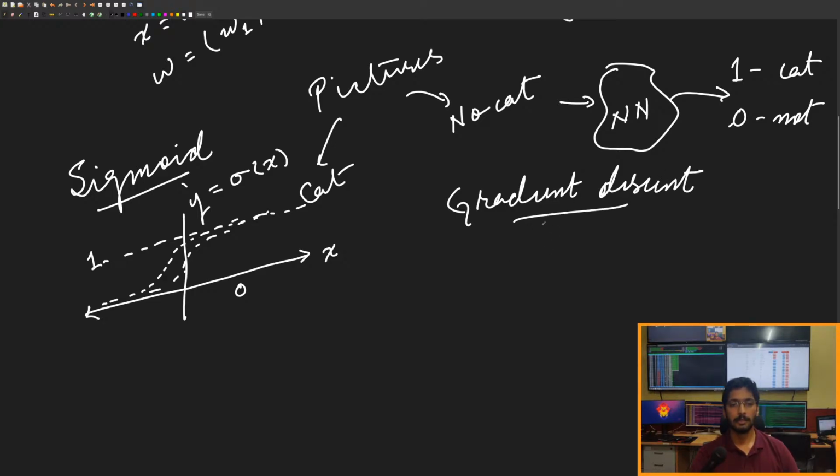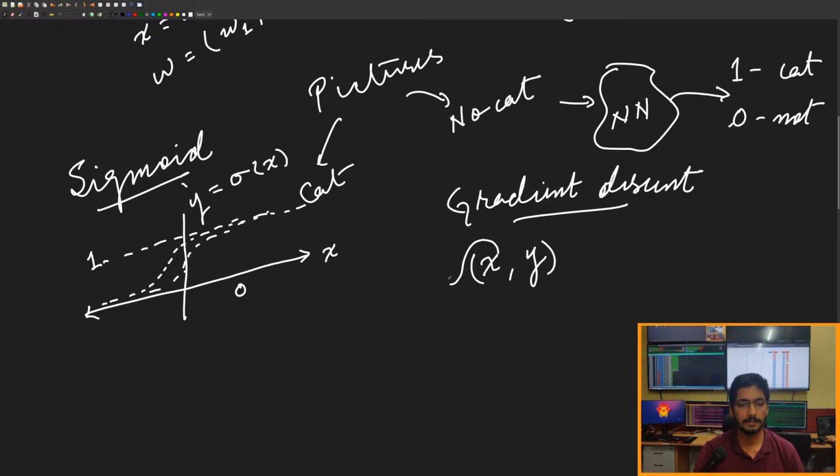Okay, now what gradient descent is essentially is that we want a measure of how well our neural network is doing, right? So now what we're going to do is, let's say I have some data set. Okay, I have some x values and some y values.